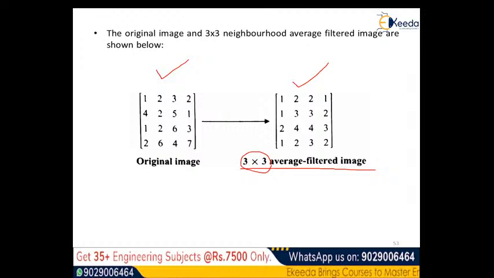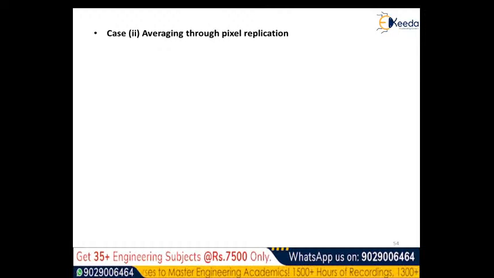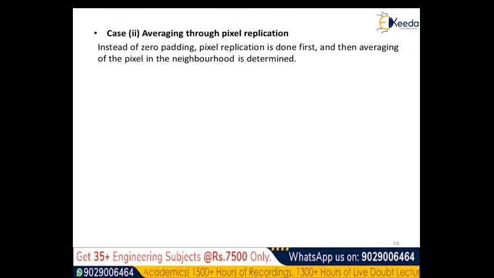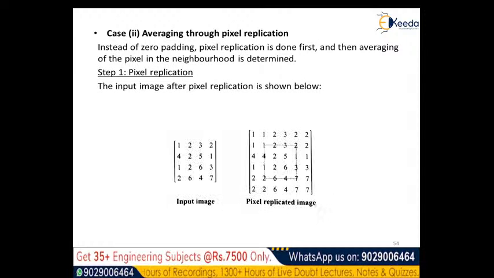Now we go for this second case here. In the second case, again we are going to perform the averaging, but with respect to pixel replication instead of zero padding. Here in pixel replication, we have to represent the pixel replicated one element outside the border by the same elements.